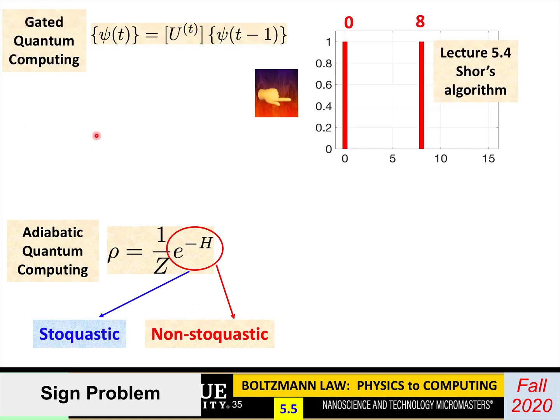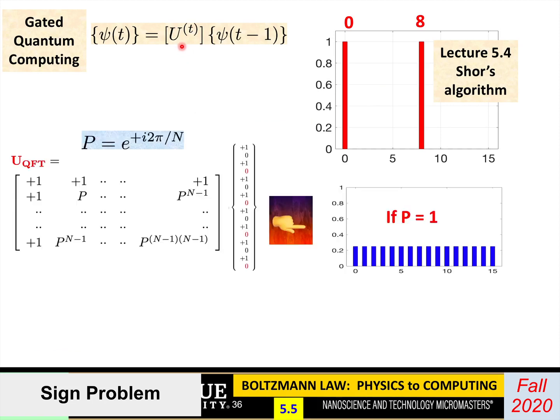Now, this week though, we have been focusing largely on gated quantum computing, which is based on wave functions, and there's this transformation matrix here. One example we gave was Shor's algorithm, where one important operation was the quantum Fourier transform, where you had a matrix looking like this, where P is a phase factor. And we argued that when operating on a wave function looking like this, it gives you 2 peaks.